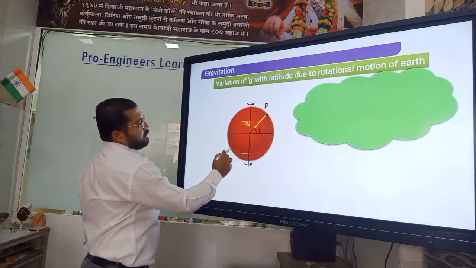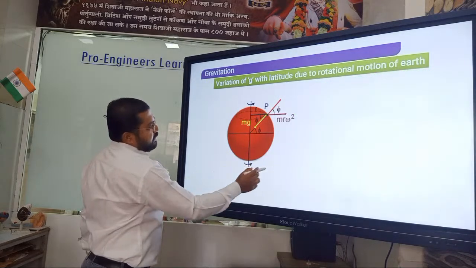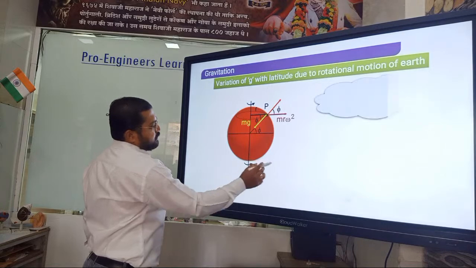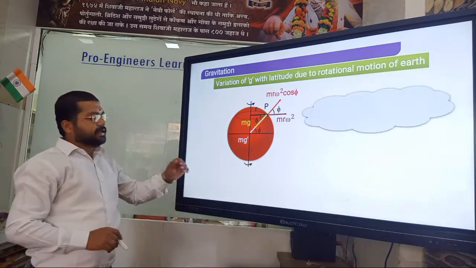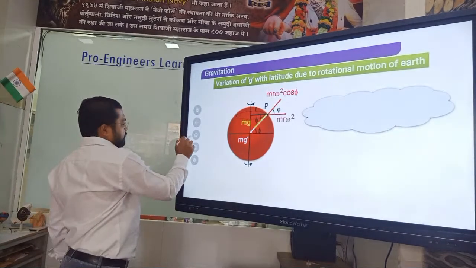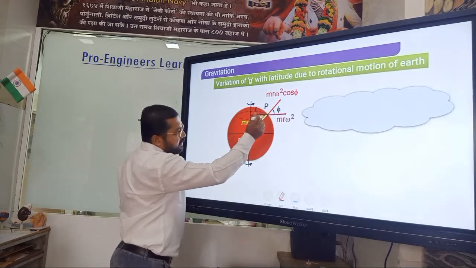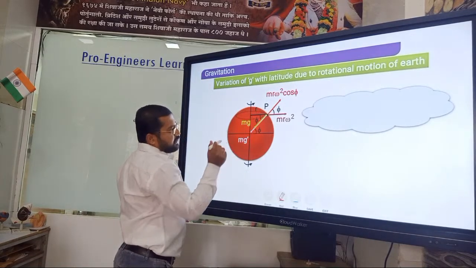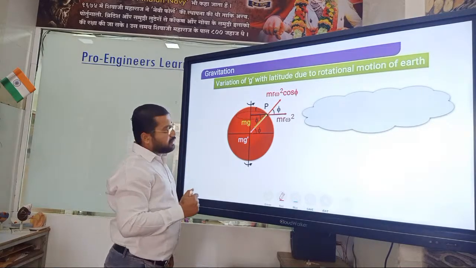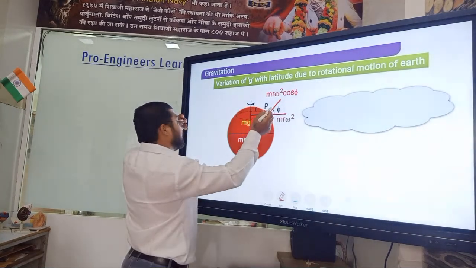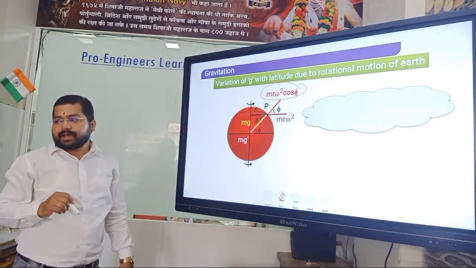We came back, so quickly we'll go forward. Yes, see, this particular yellow one is mg, the force acting towards the center, and mg dash again we have considered with reference to mr omega square cos phi.